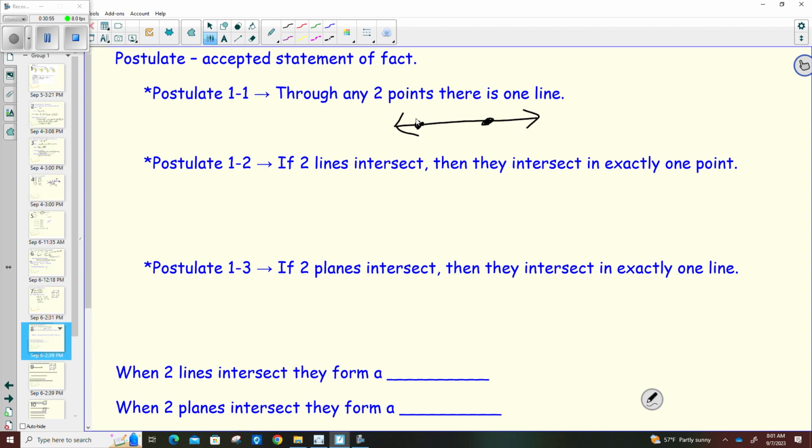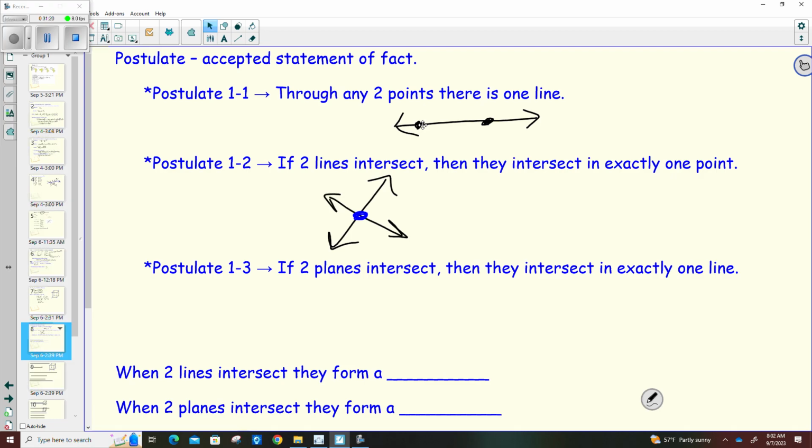Can you give me a letter of the alphabet that it might be similar to? Could look like an X. Where do they meet? Right there. It could look like a capital T. But knowing that a line goes on forever, the one that's hitting the top of the T should continue on. Good? All right, last one.